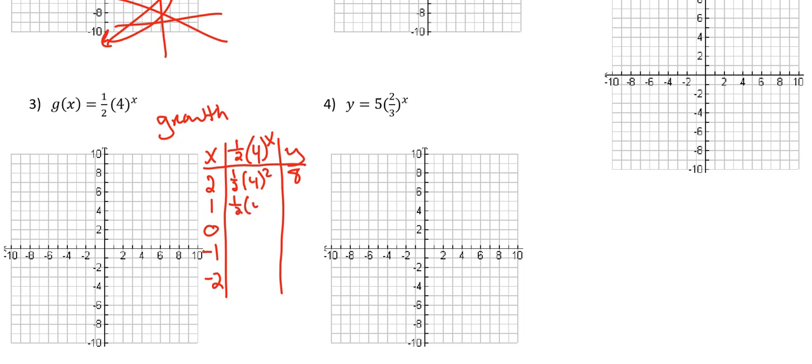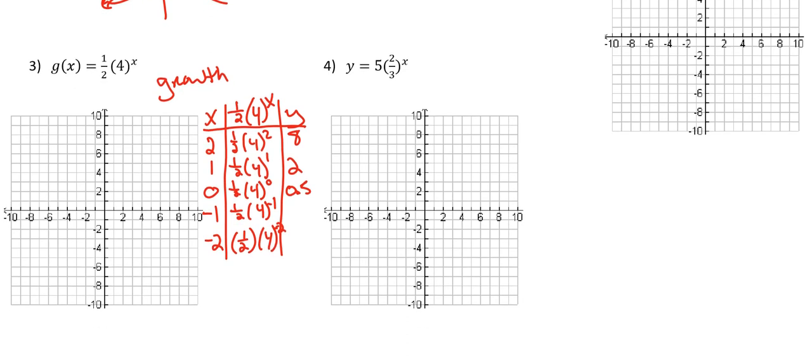Half of 4 to the 1st. 4 to the 1st is 4, and half of that is 2. Half of 4 to the 0, that's going to be a half, or 0.5. Half of 4 to the -1. So remember, 4 to the -1, I'm just going to do it down here, I don't have space up there.